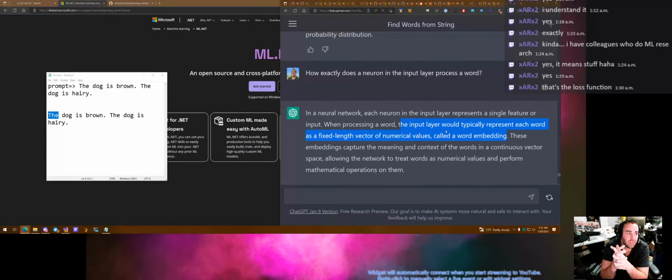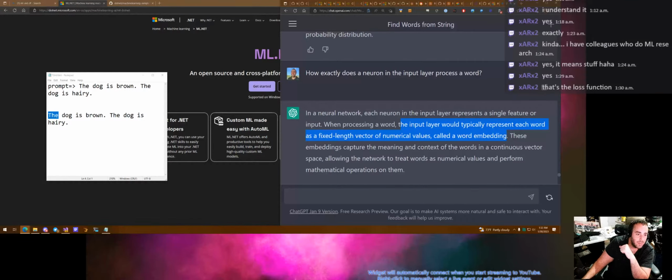So I knew what a vector was from programming, like in C or C++ using a vector, right? It holds a bunch of values, right? And the fixed length vector of numerical values, right? So it's basically a set of numbers, right?